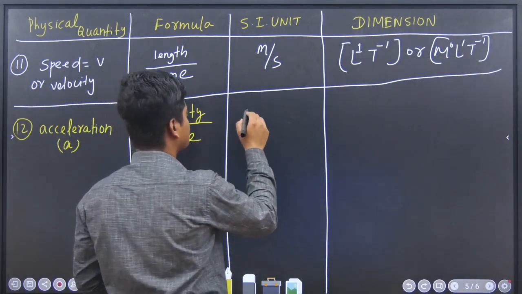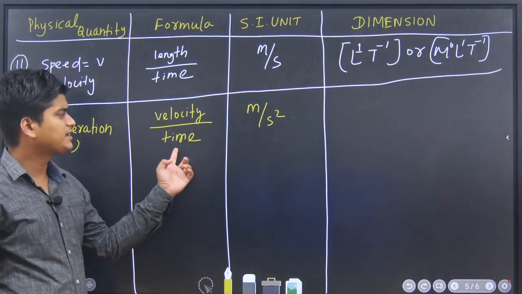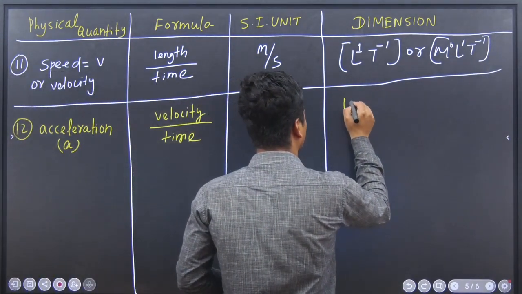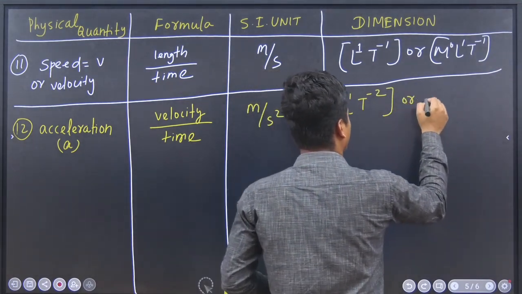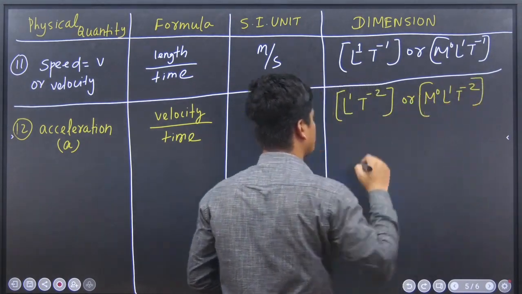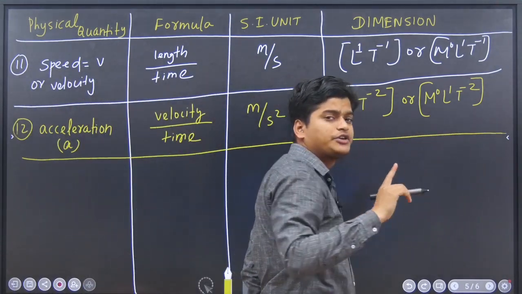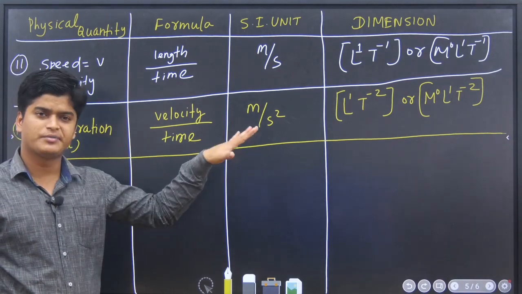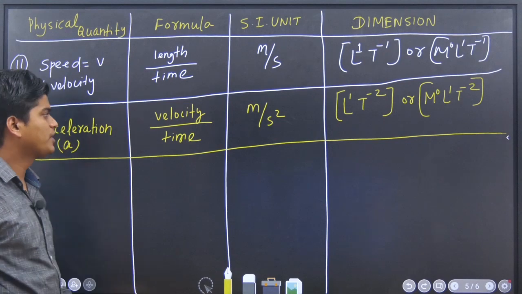Velocity is meter by second, and another time is coming, so it becomes meter by second square, or you can write L to the power 1 T to the power minus 2 directly, or M0 L1 T to the power minus 2. This one you must remember. Wherever acceleration comes, either acceleration due to gravity or normal acceleration, the SI unit will be meter by second square, and the dimension will be L1 T to the power minus 2.